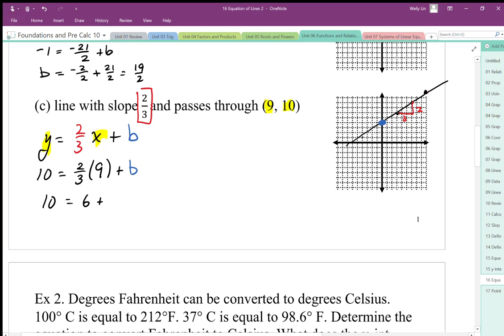And b equals the positive 4 that I see in my graph. Okay, so that looks like it's correct. So I end up with y equals 2/3 x plus 4.